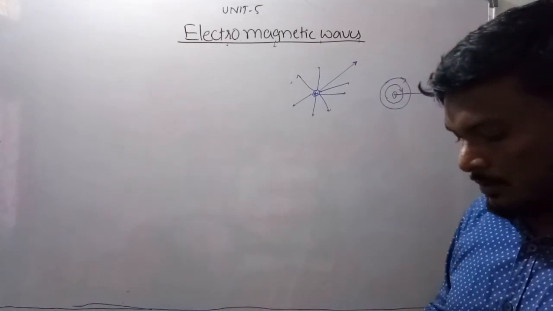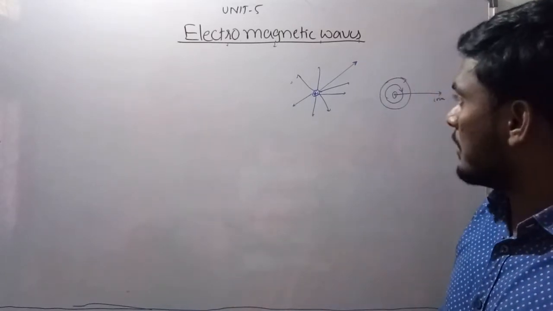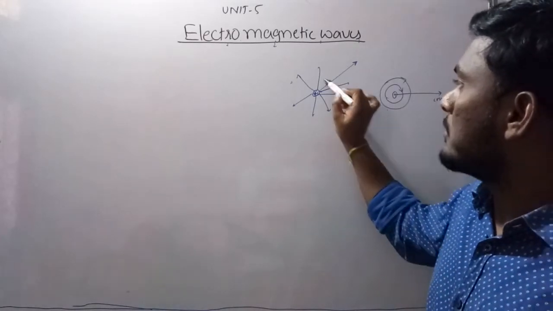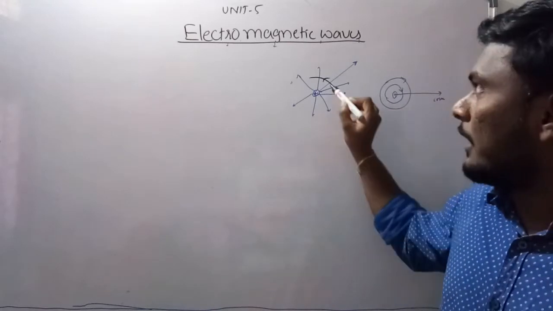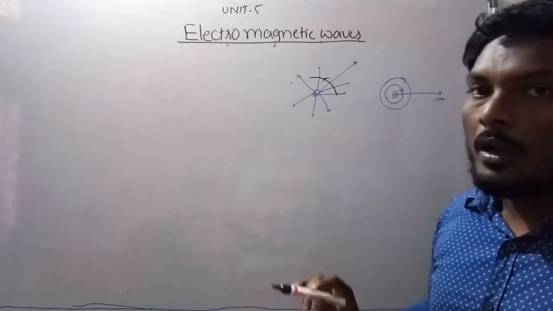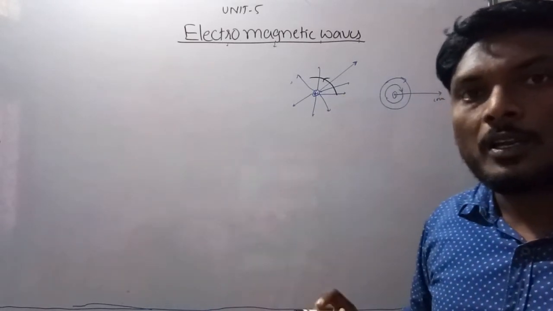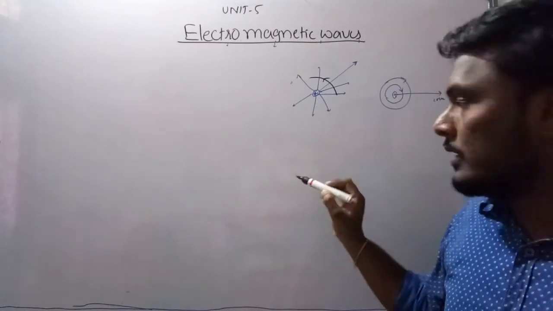Finally, I conclude that the electric field and magnetic field propagate in the transmission line mutually perpendicular to each other.